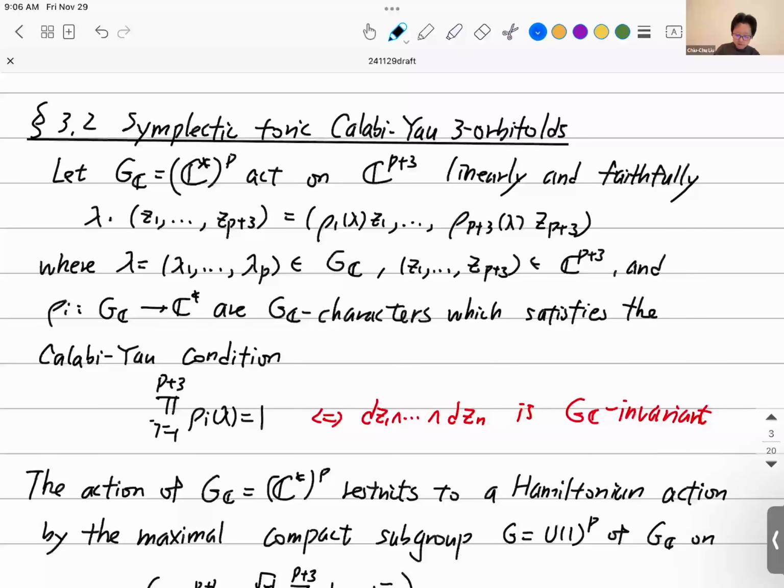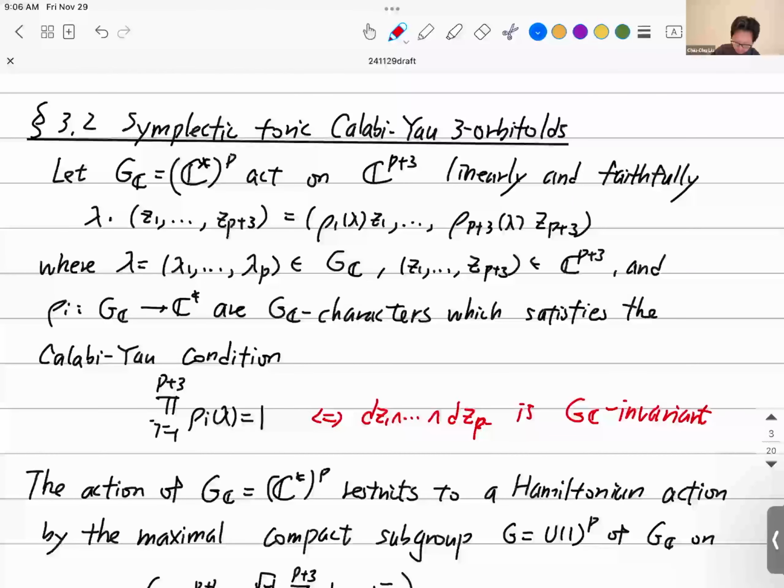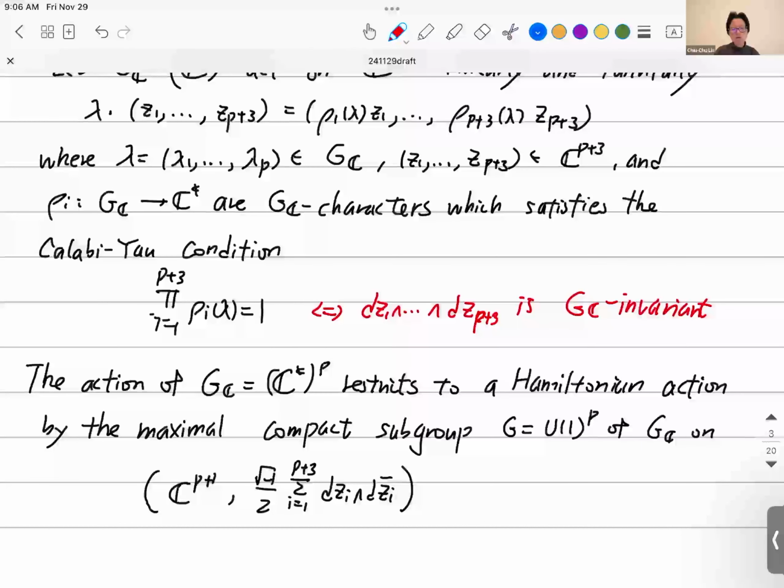Essentially, the action should preserve the holomorphic volume form on C^(p+3). But on the A model, we want to have the symplectic structure. Recall that Gromov-Witten invariants are defined for compact target manifolds.